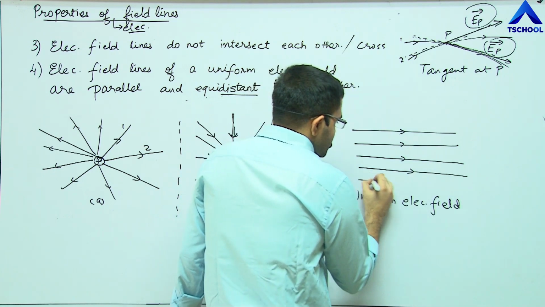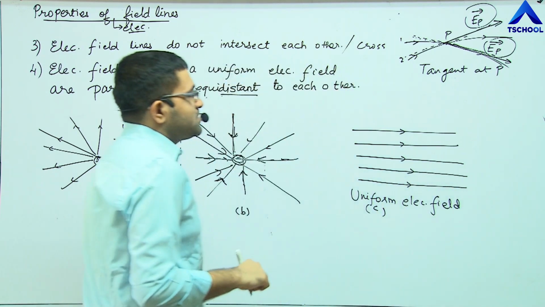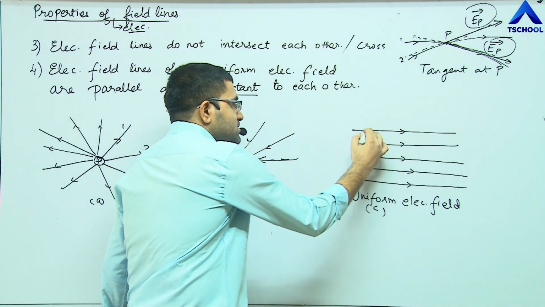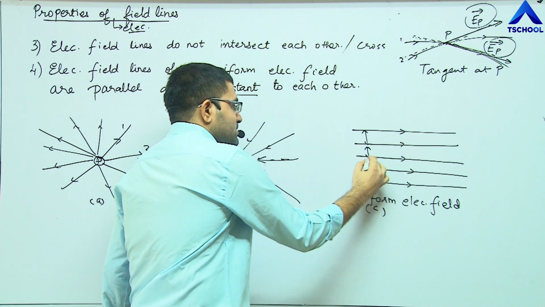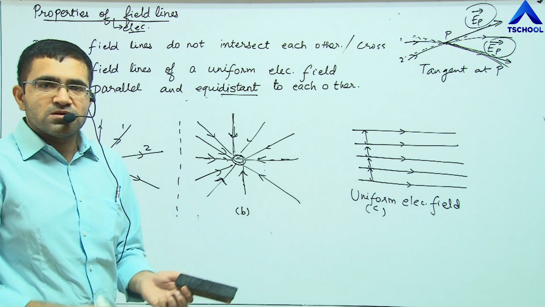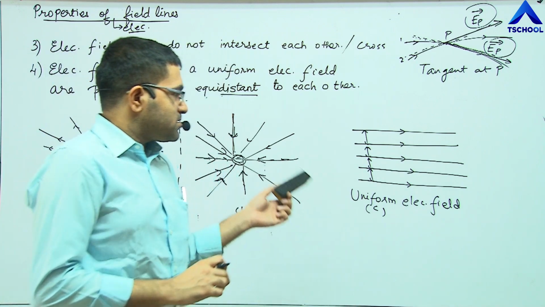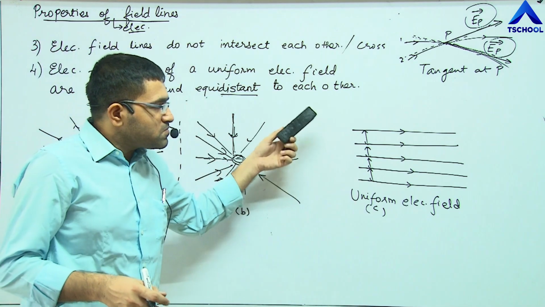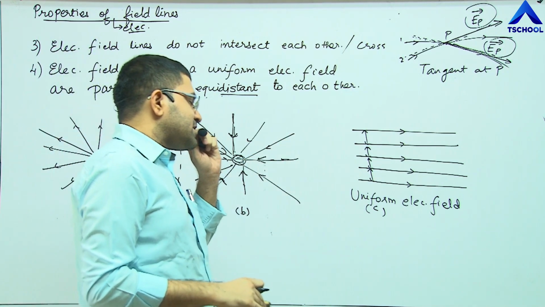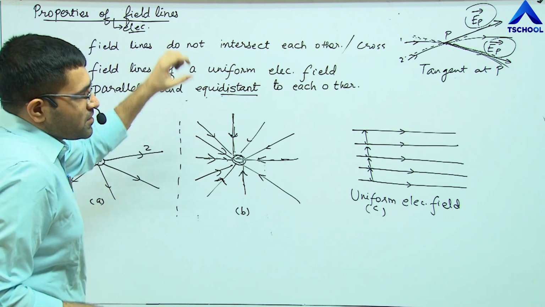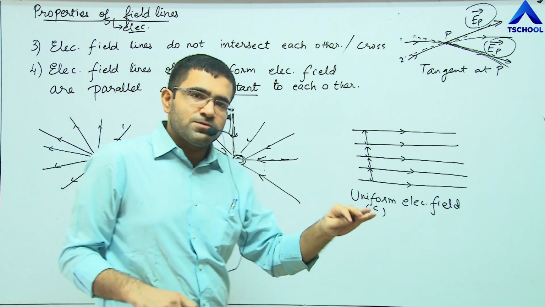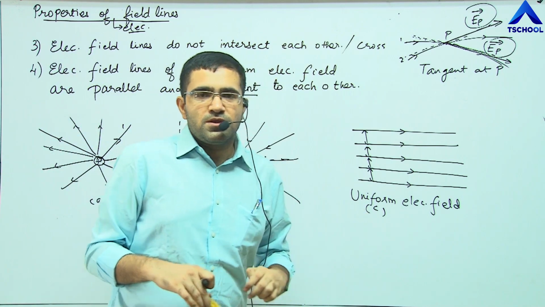Again, I'm trying my best to make these parallel to each other and also equidistant. That is, this spacing, whatever that is, would be the same. Okay, right? Is that clear? So what we have is that the electric field lines are all at equal distance from each other, and they're all parallel. That is, they're in the same direction.